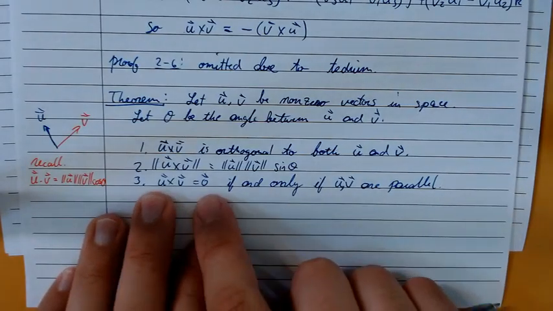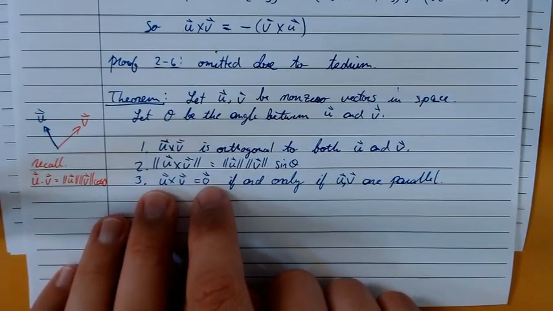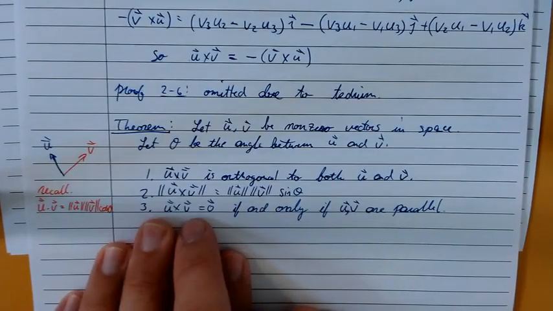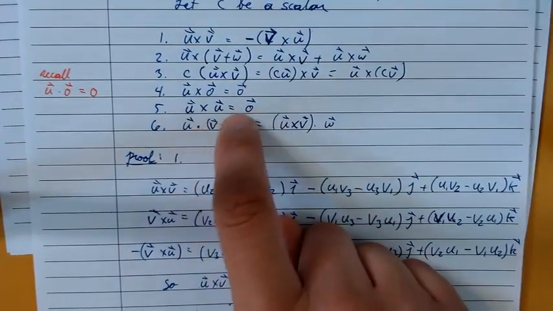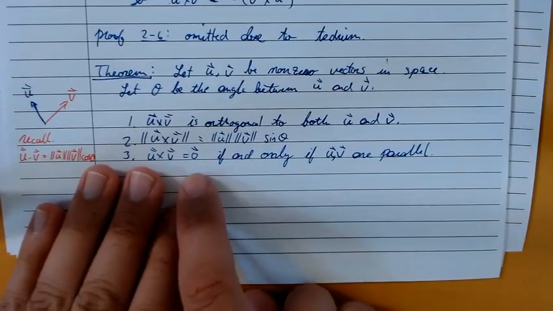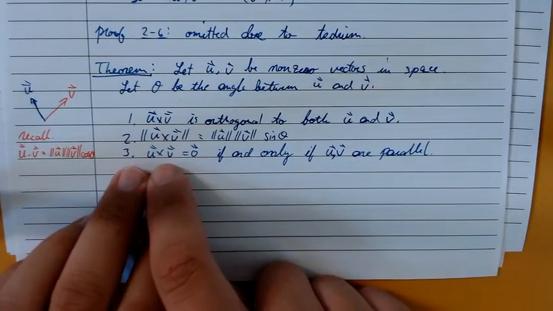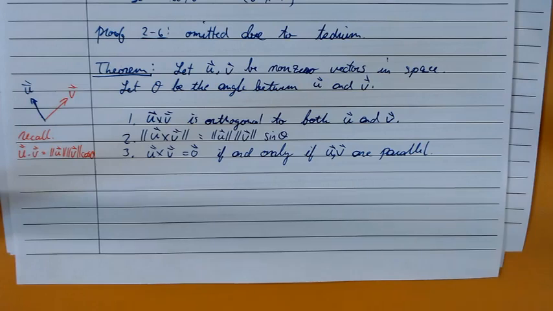Sometimes vacuously true statements are still considered. Here, u cross v is going to equal 0 if and only if u and v are parallel. Well, u is parallel to itself, so that means u cross u would be 0. Hey, there we go. That's another way of thinking about this one. U cross u is equal to 0. More generally and geometrically, that's a way of saying, hey, if you take the cross product of any two things that are parallel, the result is a 0 vector.